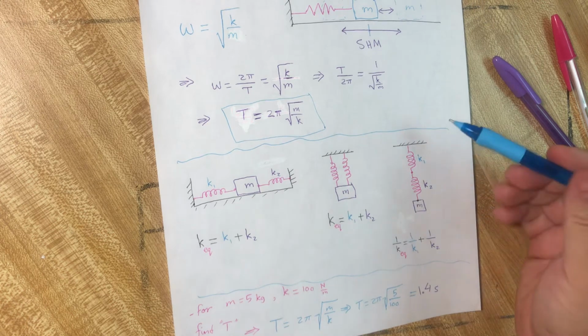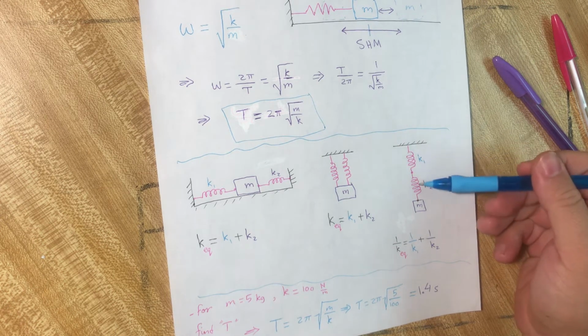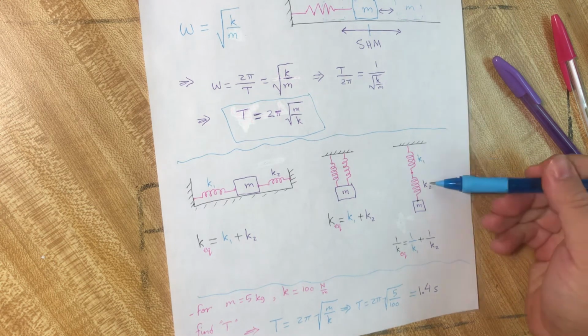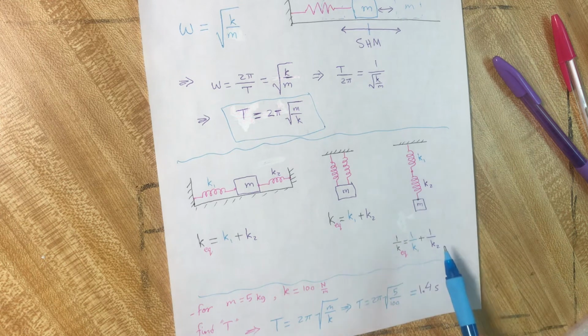If you have two springs in series, with K1 and K2, then the equivalent constant K, 1 over it, is equal to 1 over K1 plus 1 over K2. The equivalent K constant will be less than both of them.